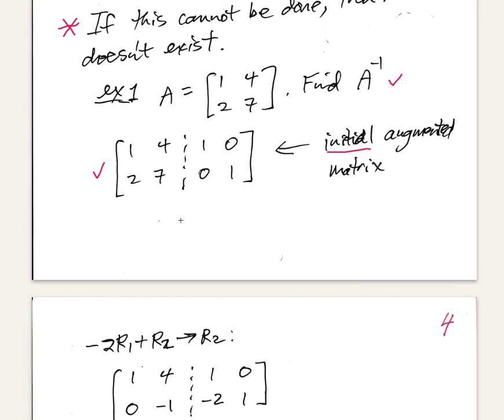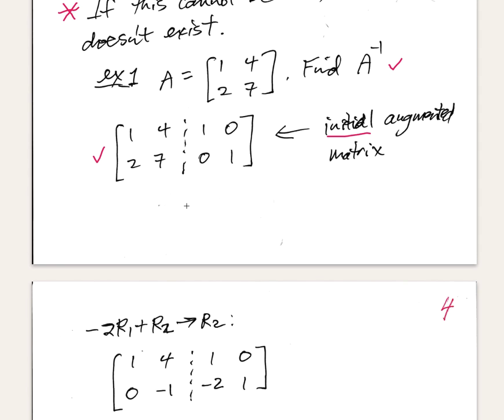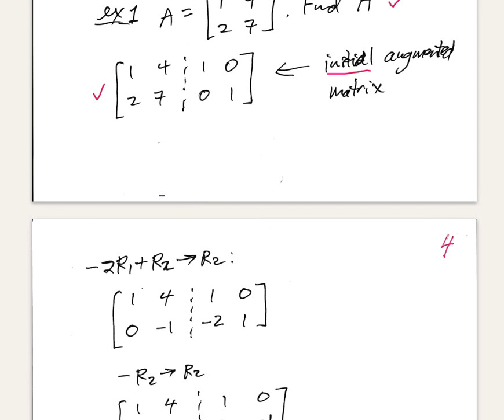Now what we want to do is use our elementary row operations, right? Gaussian elimination, in order to get it to row reduced echelon form. Now the first thing I notice here: remember we're trying to get towards 1, 0, 0, 1 over on this side if we can.